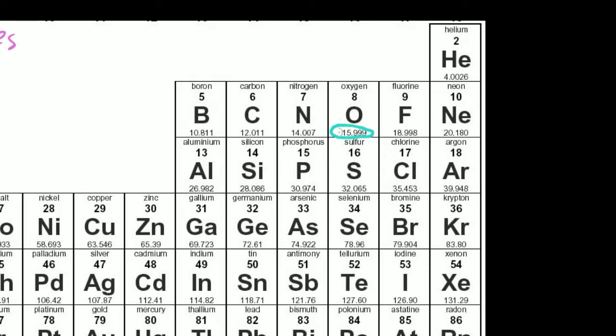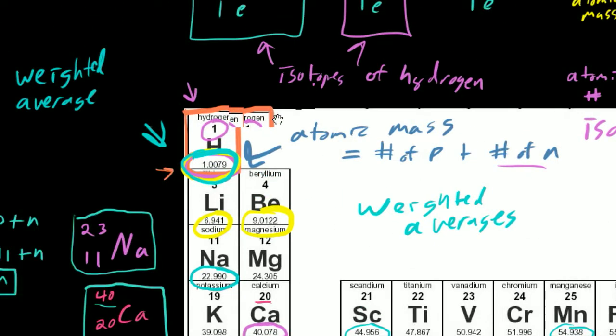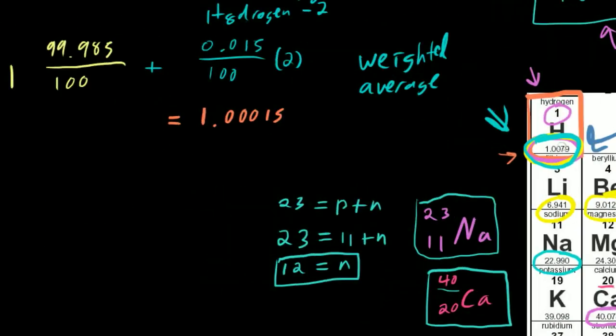The atomic masses that we have on the periodic table are weighted averages of the masses of these different isotopes that we can have. In the past video, we looked at hydrogen, and we found the mass on the periodic table, which is 1.0079, based on the percent abundance.